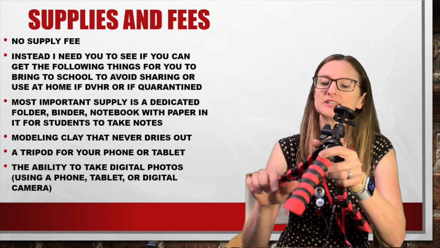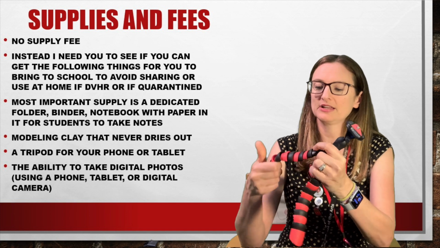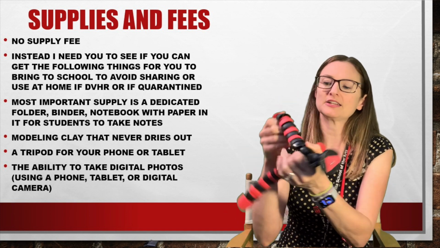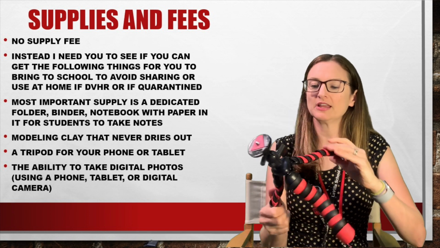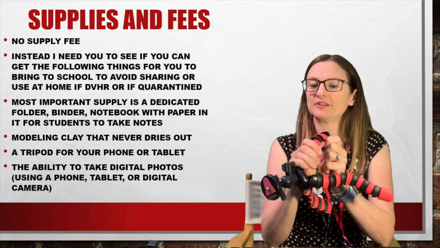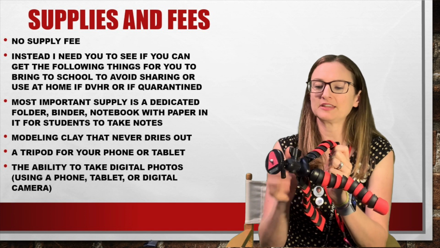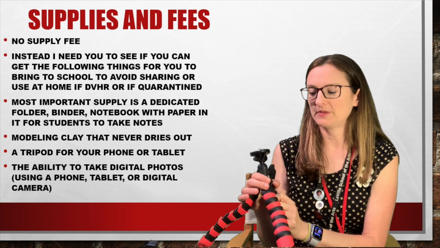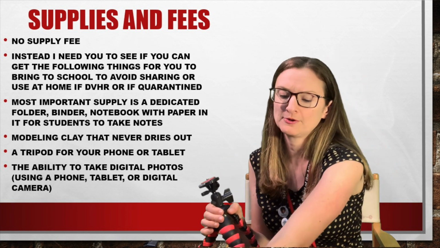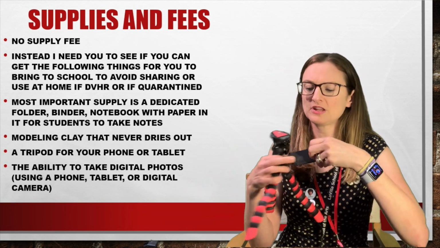The great thing about these is you can hang them up, like from a tree branch, to get a certain angle. You can make them go taller, shorter, wrap them around, or put it on a chair, all kinds of things besides just setting it up like this. The one that I ordered that's $10 comes with the phone attachment.